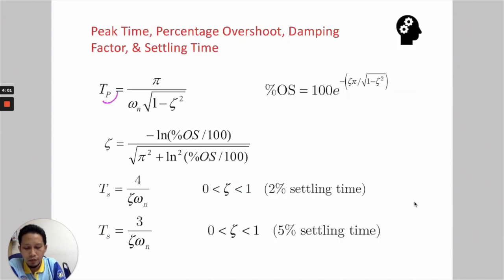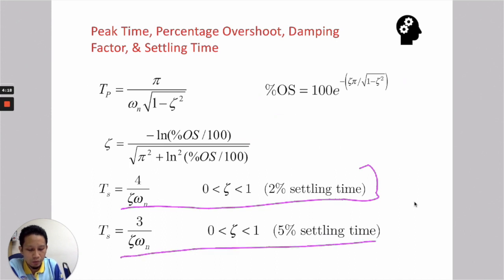We have the peak time, we have zeta, we have settling time, and settling time is given by two different formulas. This one is for the 2% settling time, and the other one is for the 5% settling time.